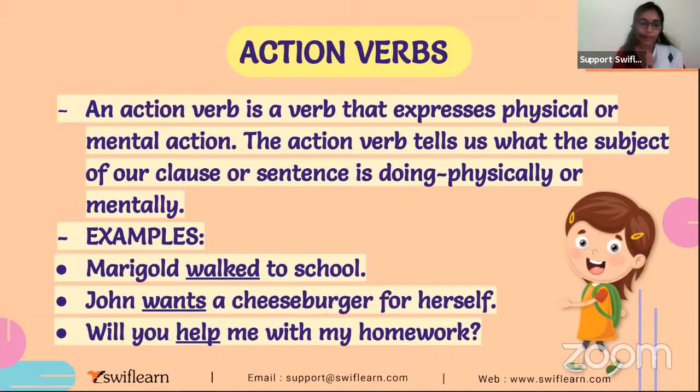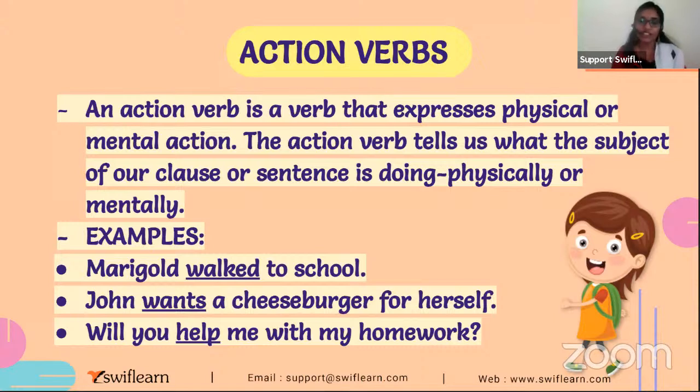The second example is John wants a cheeseburger for himself. He wants a cheeseburger. That means some action is being done mentally. He wants something, he needs something, so that is the action verb again. And we have another example: will you help me with my homework?